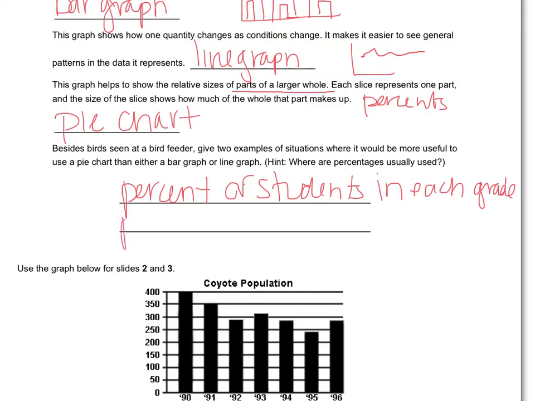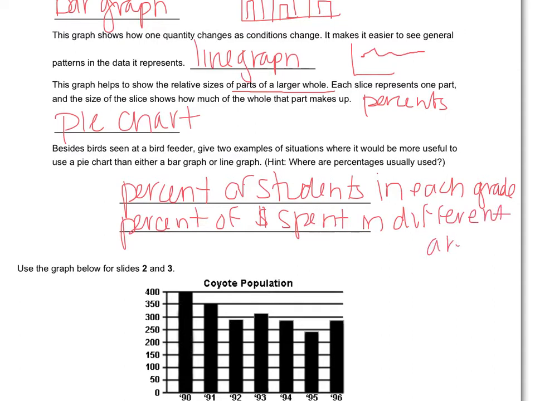Or if you wanted to show the percent of money spent in different areas, that would be another example of a great use for a pie chart. So if you were spending money in 4 different areas and you wanted to show how much you spent in each one, that would be an example.